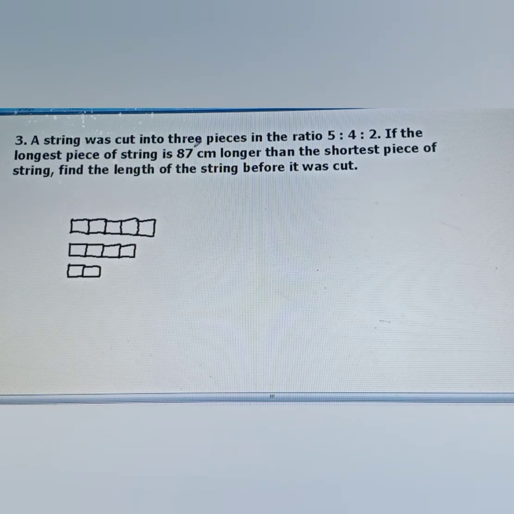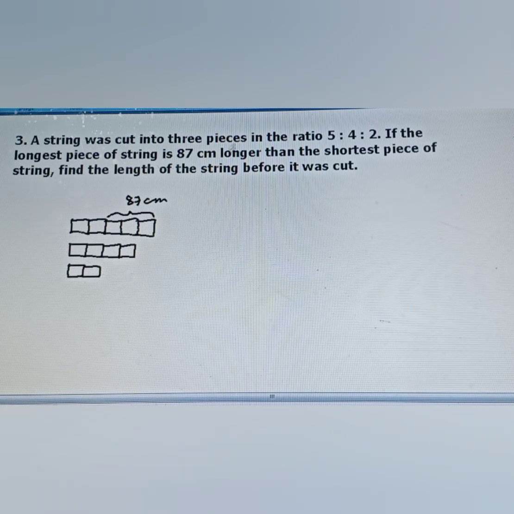So where is this 87 longer? If you notice, the shortest has only 2 blocks, and this one has 5, meaning their difference is this one, correct? That's the 87 cm longer than this one here. Do you agree?